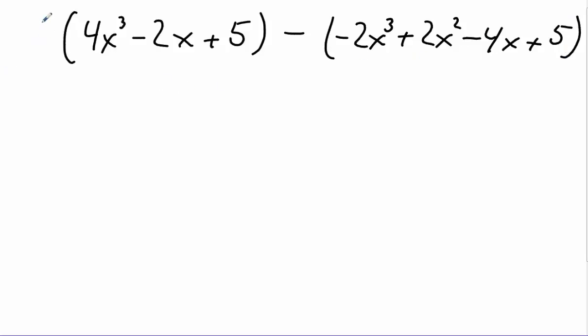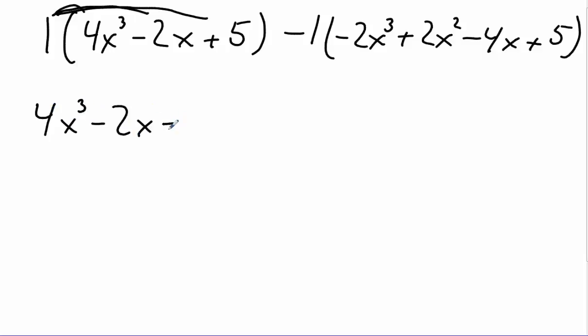Okay, now this is where the idea of there being a 1 out here and distributing it is going to change some things. The first quantity, distributing a positive 1, nothing will change there. Okay, so it's still 4x to the third minus 2x plus 5. But this bad guy right here, this negative 1, is going to change something. So we all know that when you multiply by a negative 1, the value or the number is not going to change, but your sign will.